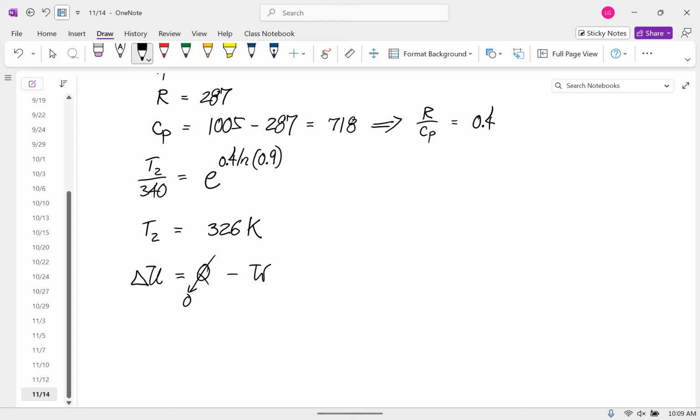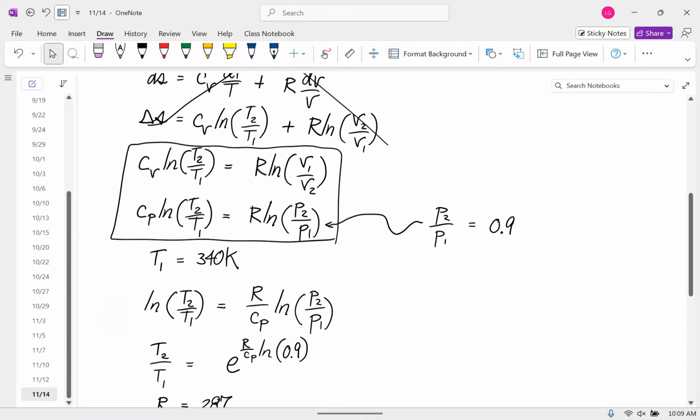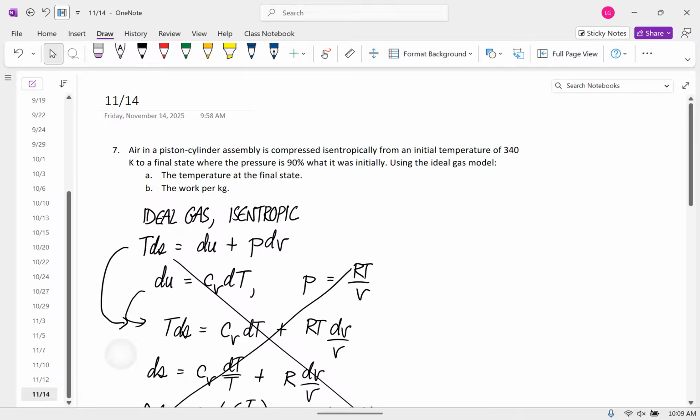We can calculate that change in internal energy as the mass times the change in specific internal energy. We're given the mass, hopefully.